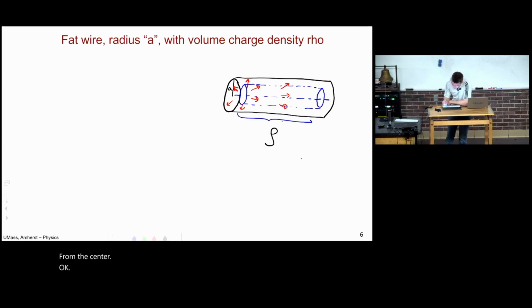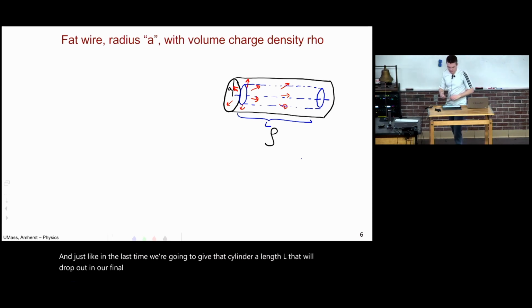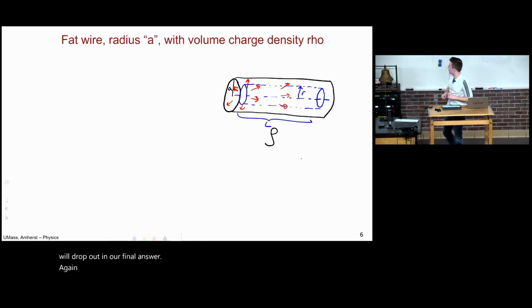And just like last time, we're going to give that cylinder a length L that will drop out in our final answer. Again, it's a distance r away from the center. Sorry if that is a little small. I think I should have made my diagram a little bigger.